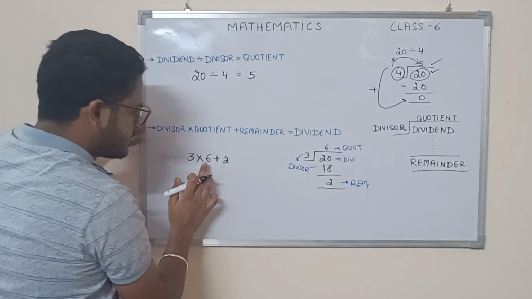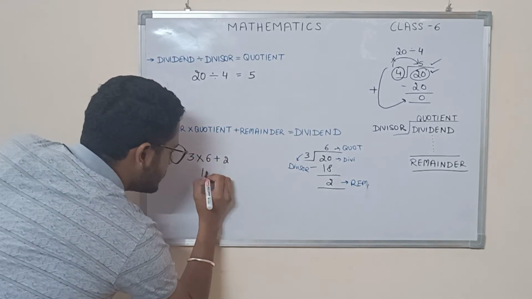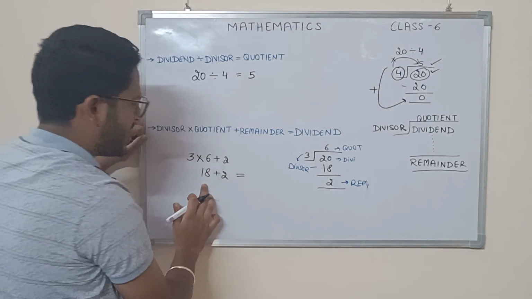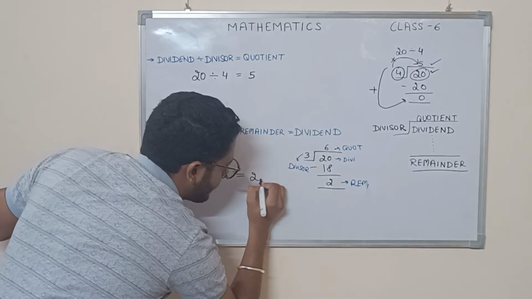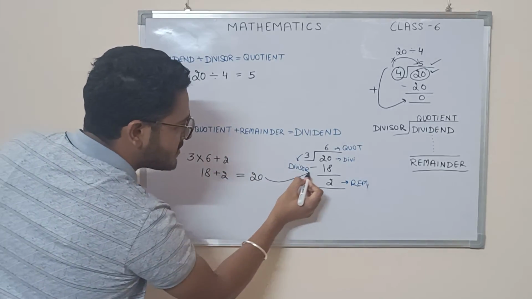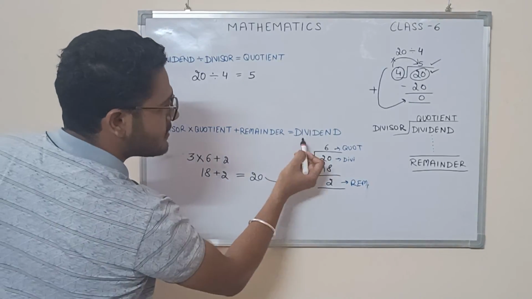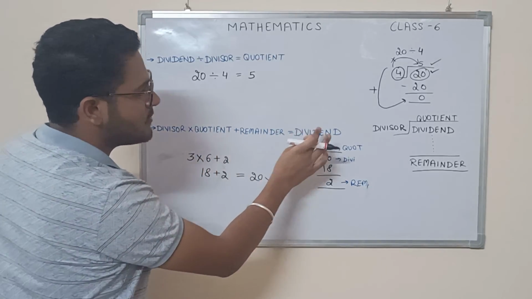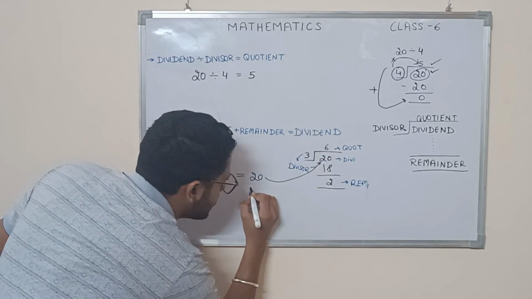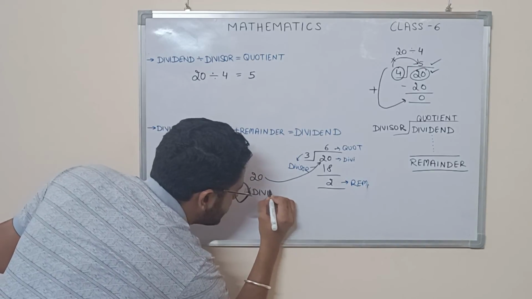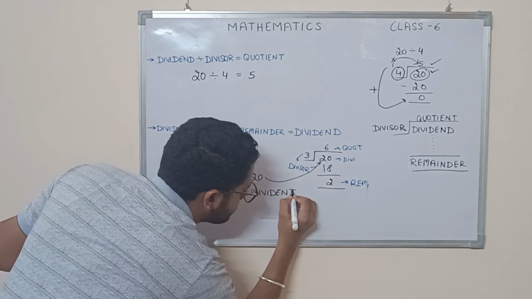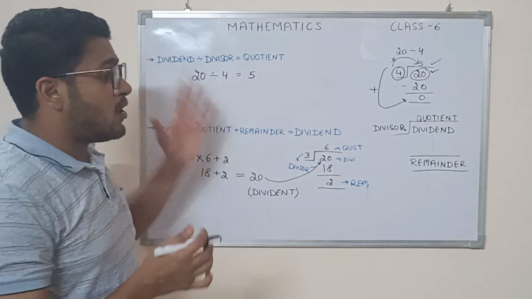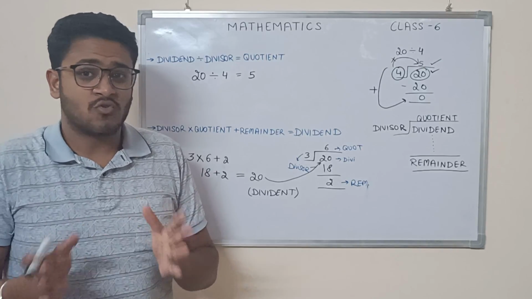Let's try to solve this. 3 into 6, 18. 18 plus 2 is 20. And 20 is our dividend. So this is what we said: divisor multiplied by quotient plus remainder gives us dividend. 20 is our dividend. So this is all about dividend, divisor, remainder and quotient. All these things will help us in our chapter 3 to solve our problems.